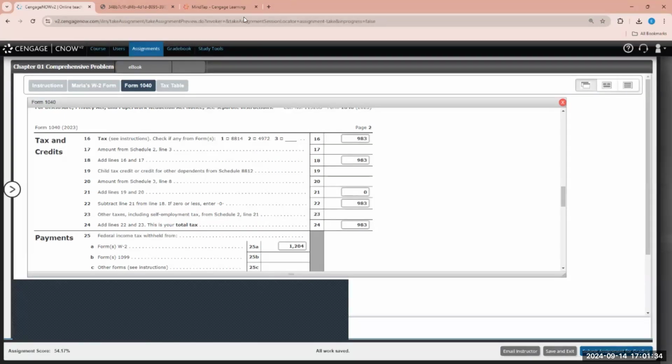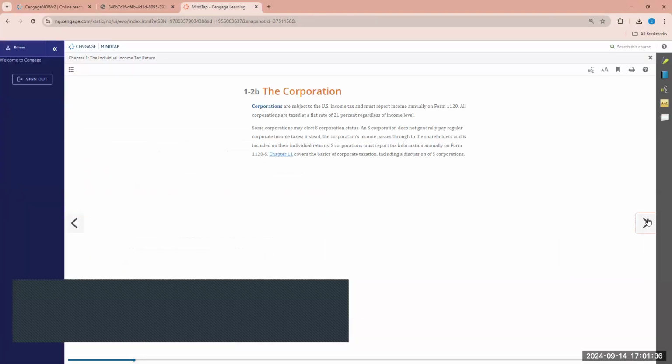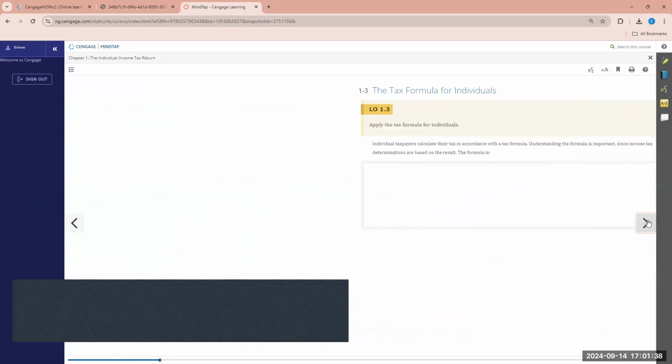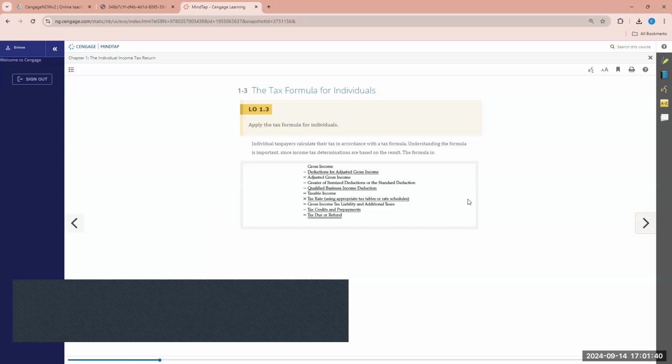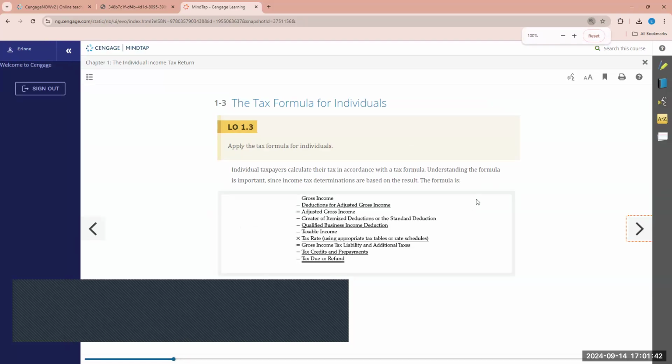With taxation, there's a tax formula. We're going to look at that quickly. Individual taxpayers calculate their tax in accordance with the tax formula. Very important, right? So we start off with our gross income. We subtract deductions from adjusted gross income. That gives us our adjusted gross income.